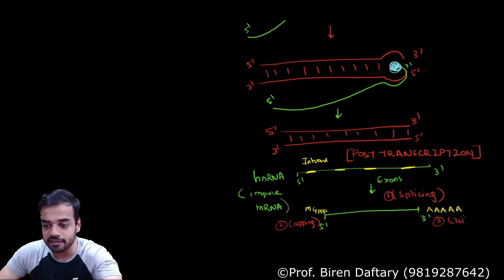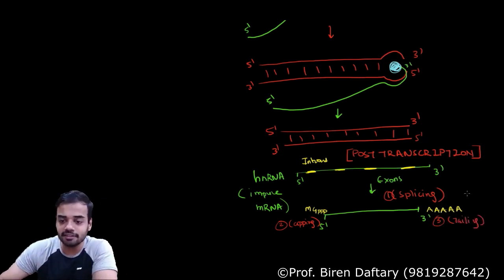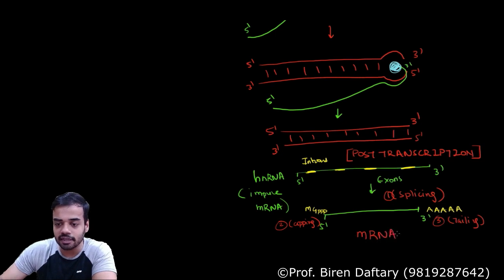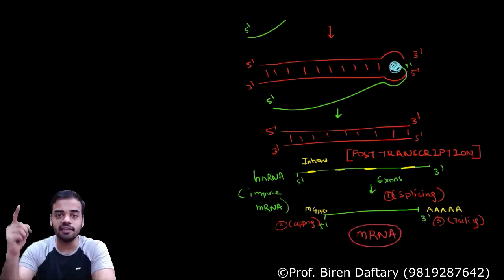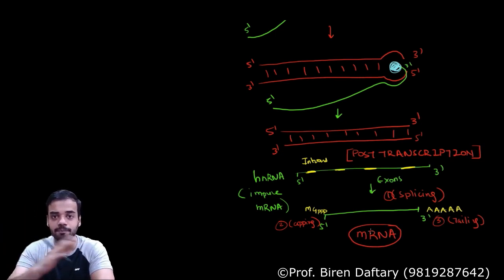So splicing plus capping plus tailing is the post transcriptional modification, and this final RNA which is formed is called your messenger RNA. So is this clear how heterogeneous nuclear RNA is converted to mRNA? 3 processes: splicing, capping, tailing. Done. Clear?